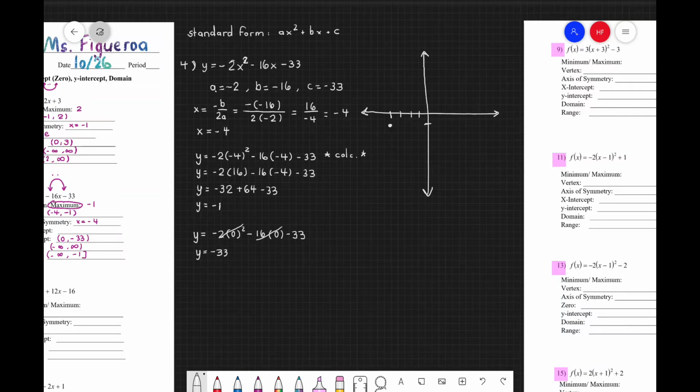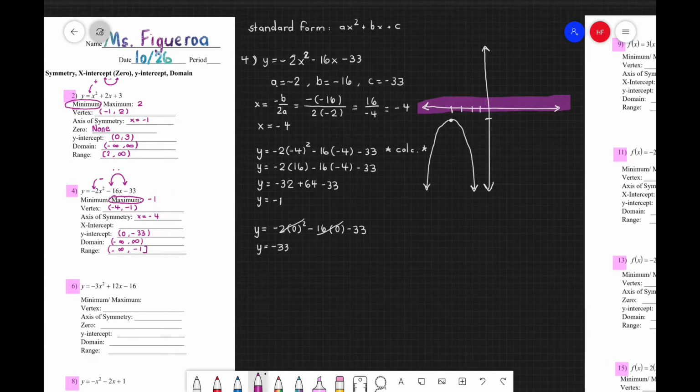So here's my vertex, and I am facing down. So will this ever cross the x-axis? No. So because it doesn't ever get close enough here, it's never going to have a 0. So again, we have no x-intercepts.